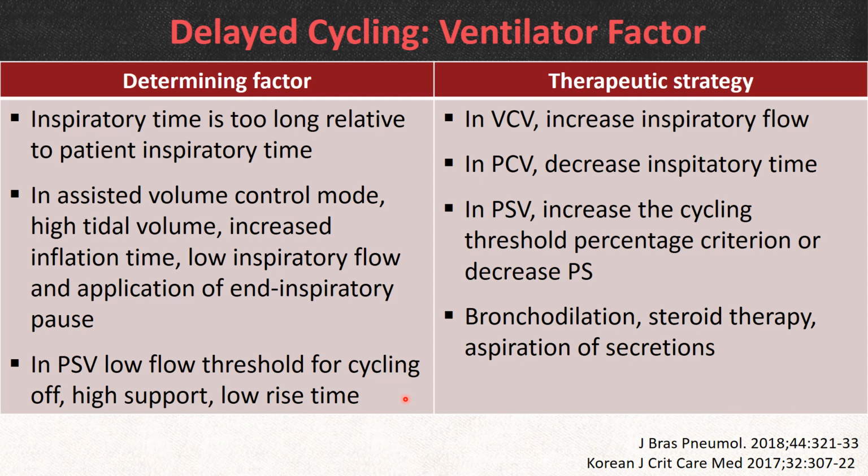So, in the therapeutic approach, to avoid or manage this delayed cycling, we have to increase the inspiratory flow, which will decrease the inspiratory time of the patient-ventilator breath. In pressure control ventilation, we can directly reduce the inspiratory time, and in pressure support ventilation, increase the cycling threshold percentage or decrease the pressure support level, and give bronchodilator and steroid therapy if there is patient's bronchospasm or secretions.